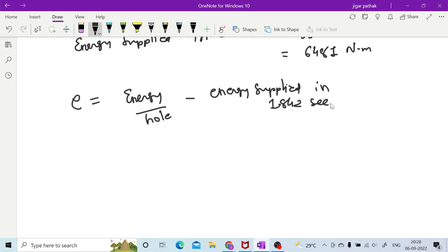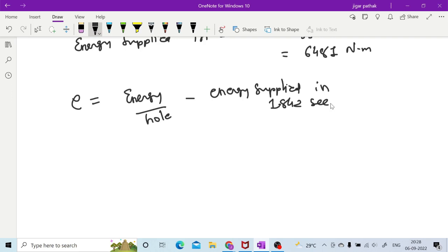Because we first saw the particular time for the duration of the travel of the punch when it is cutting the plate. We know the energy supplied per second, and we have calculated the time for the operation where the punch is traveling through the thickness of your workpiece. So we have an idea of the energy provided during that time, that is 6481, and we also know the energy required per hole.